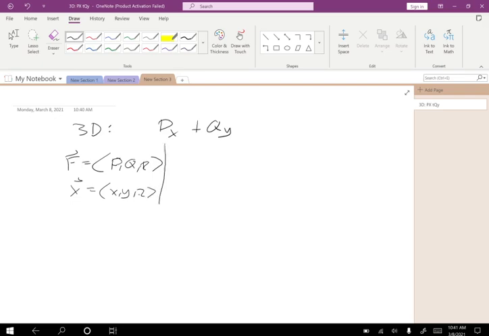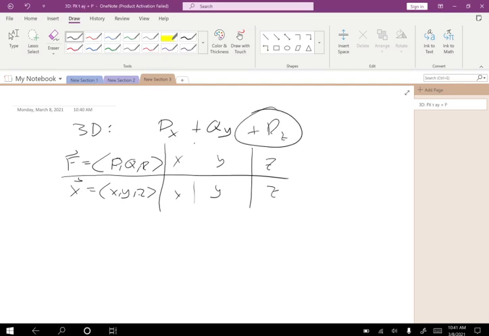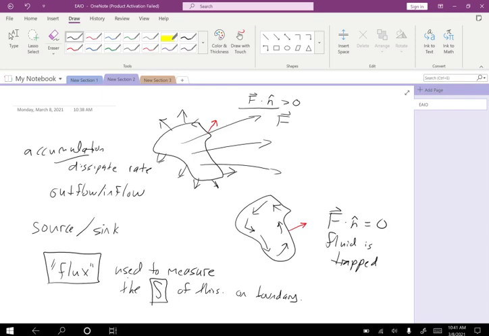Really, you can think of these first terms as the x and the x, the first components, and also the y and the y. So naturally, if we put the z and the z together, we have Rz. That's what we have for our three-dimensional version of divergence. I'm just reviewing this.